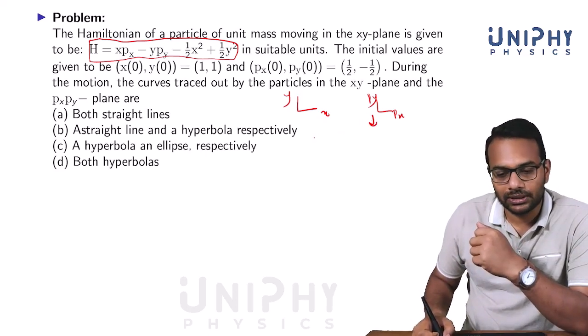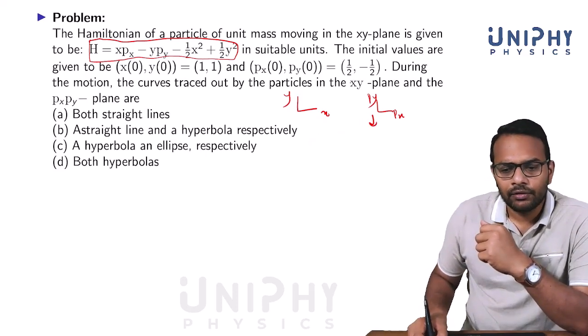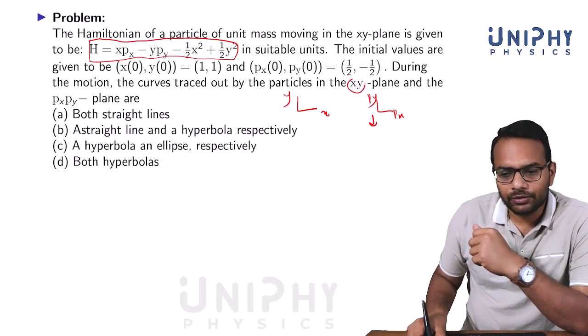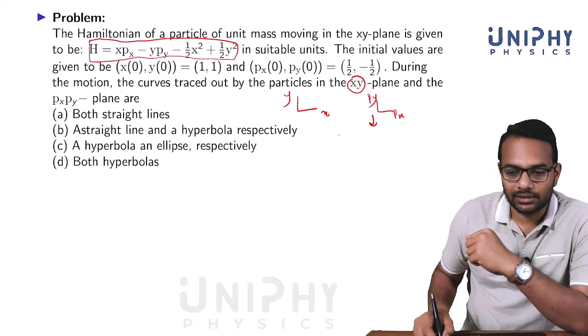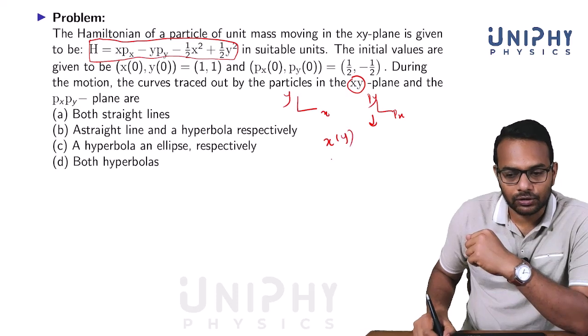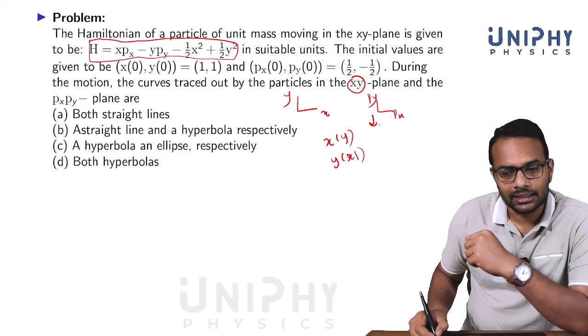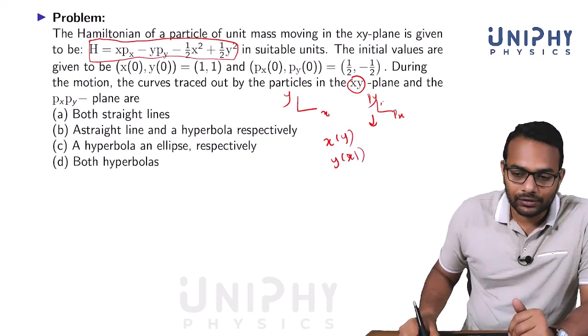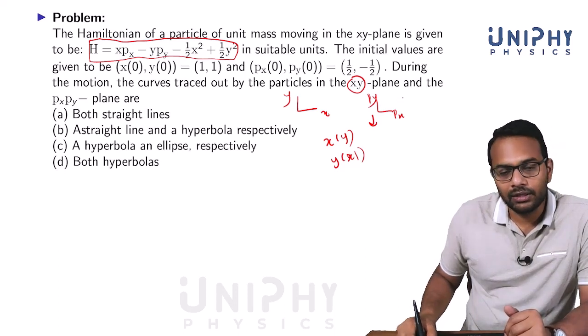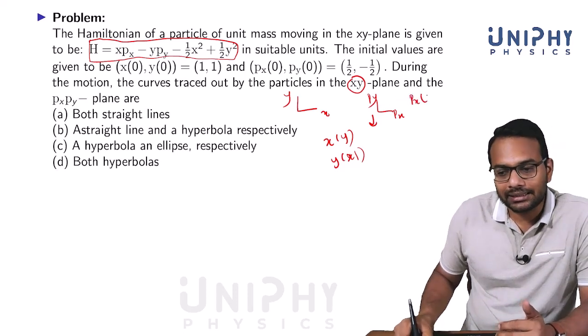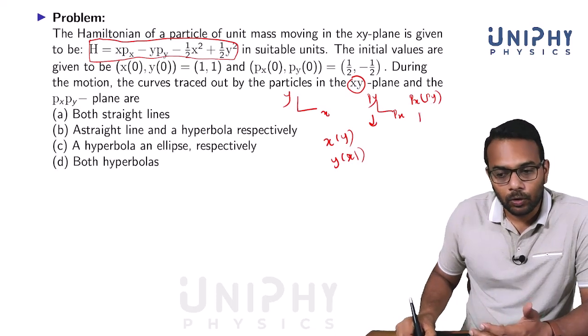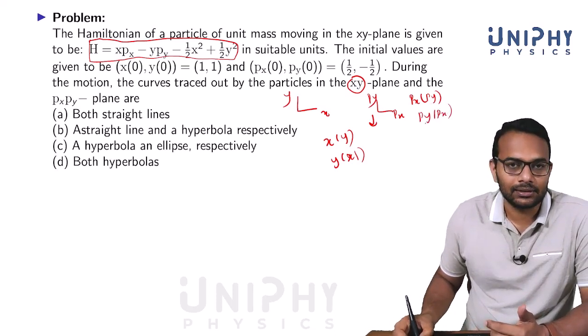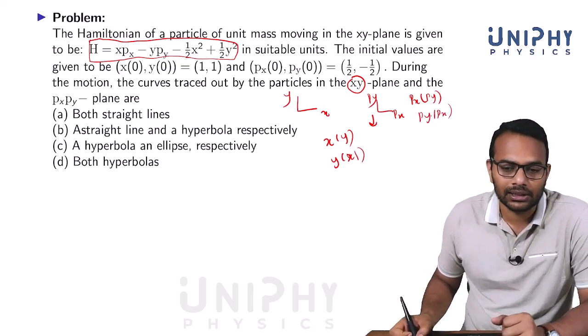For the xy plane, you may need to find x as a function of y or y as a function of x. Similarly, for the px-py plane, what you need is px as a function of py or py as a function of px. This is what we need to find from the given Hamiltonian.